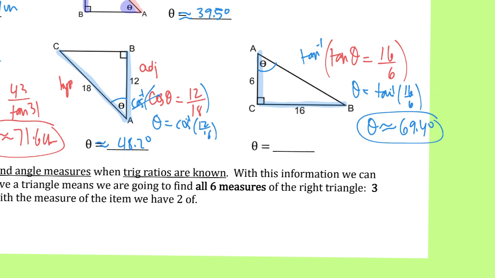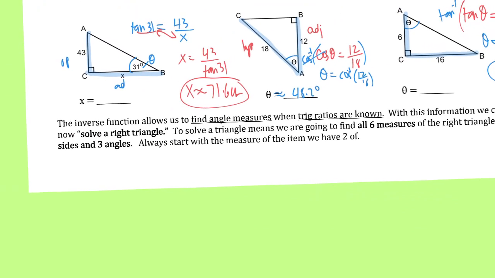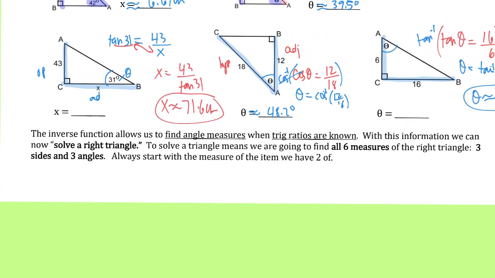The next thing is kind of foreshadowing what we're doing on the next slide. When I ask you to solve an equation, I want you to find the values of x. When I say solve a triangle, you're going to find all the missing sides and all the missing angles. And the rule I would say is this: in every single equation you do, you're only allowed to use the given values.